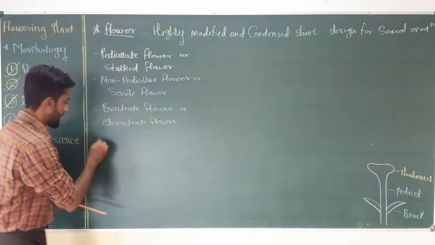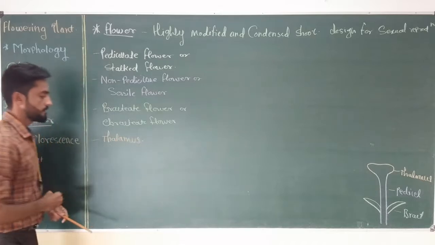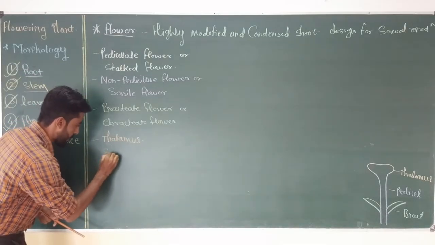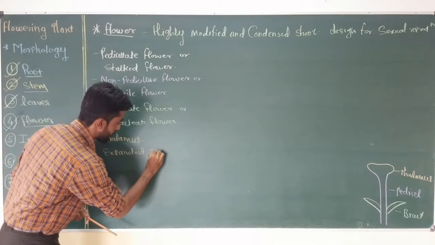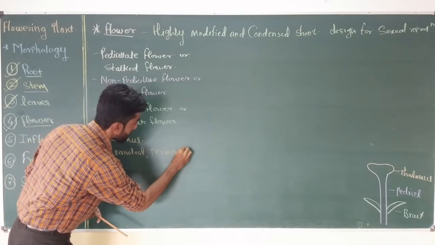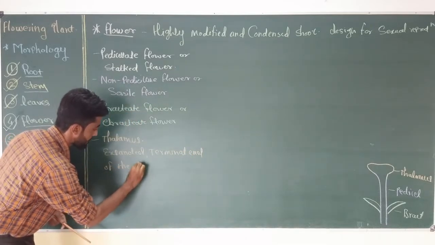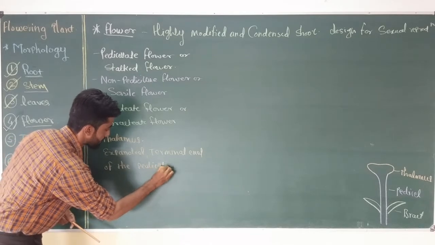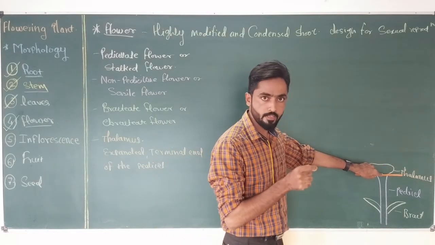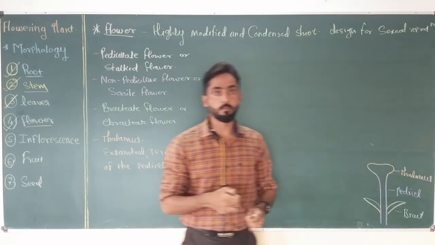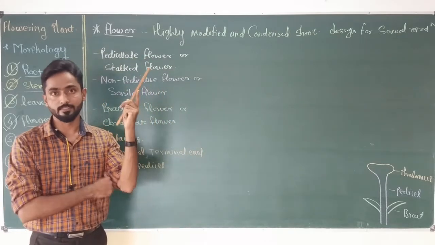So the thalamus is nothing but the expanded terminal end of the pedicel. This is the point from where different floral parts arise. The thalamus is the site from where different floral whorls arise.